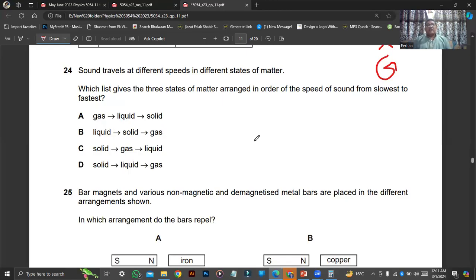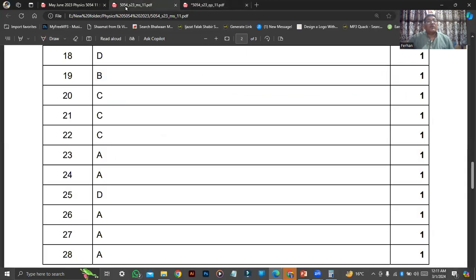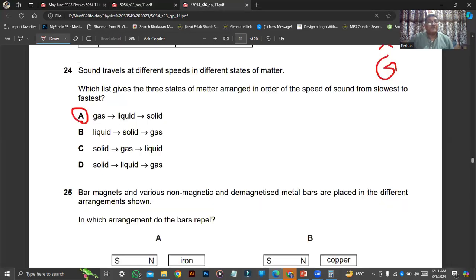In liquid its speed is like 1500 meters per second. And for example, in iron or steel, the speed of sound is 5000 meters per second. So I think gas, liquid, and solid. So I think A is the choice. Question number 24, A is the choice.